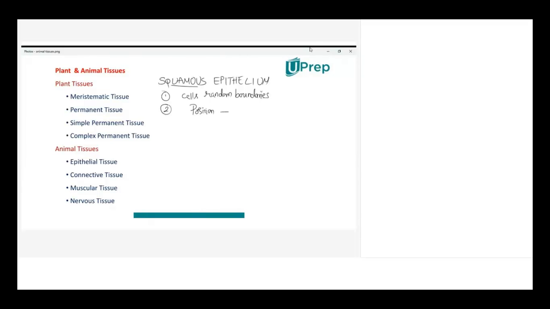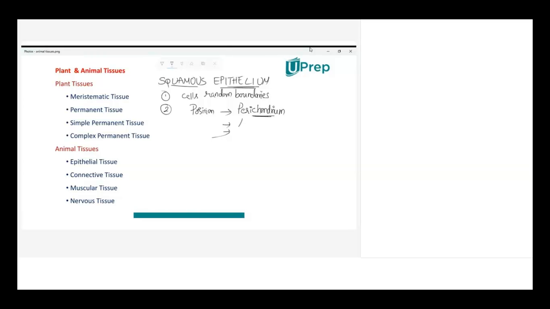You will find squamous epithelium at various places, and an epithelium is nothing but a layer of cells. That epithelium layer is called by different terms. Suppose you have the epithelium layer at the heart walls, then it is called perichondrium.